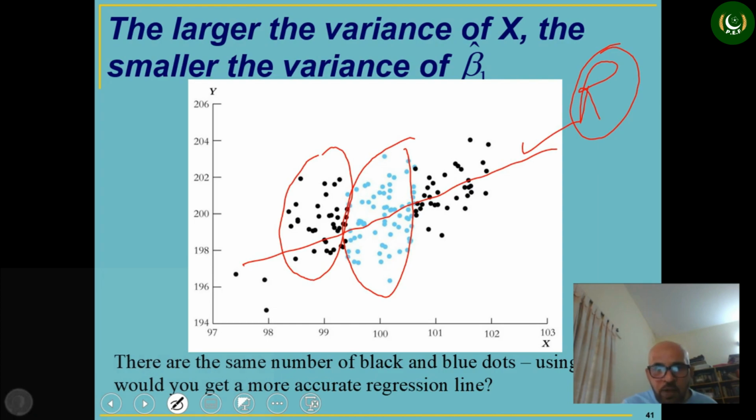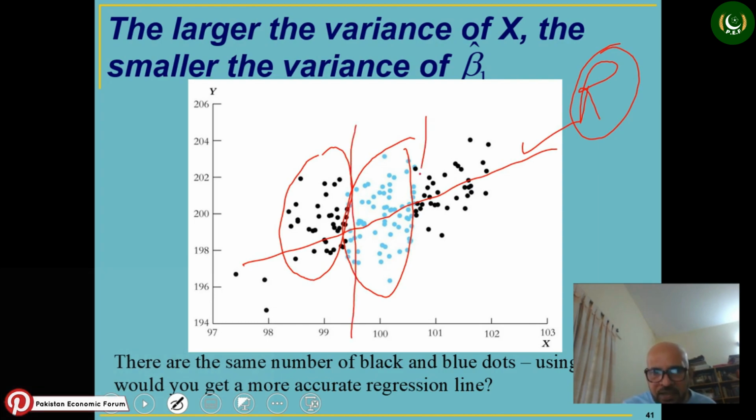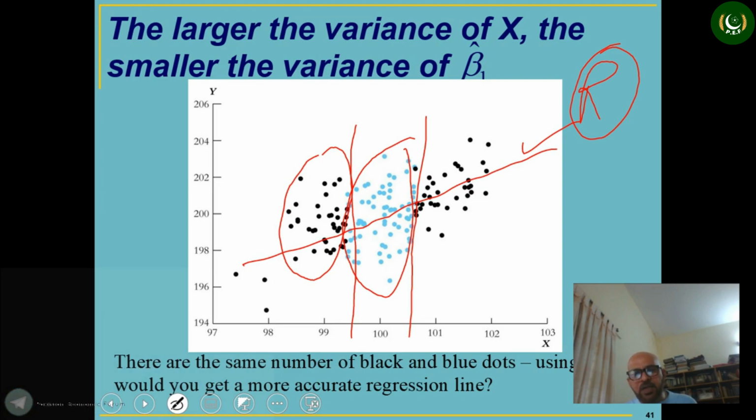So when you have small variation in x, there is little to predict y, because you are trying to predict y from the predictor. If the predictor does not have much variation in it, it's difficult to predict y.